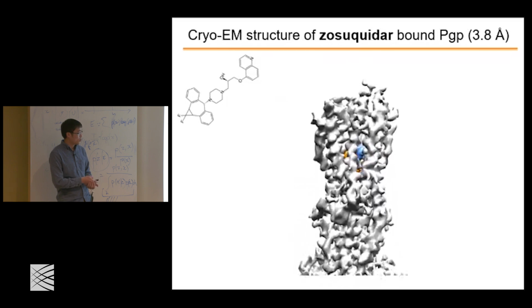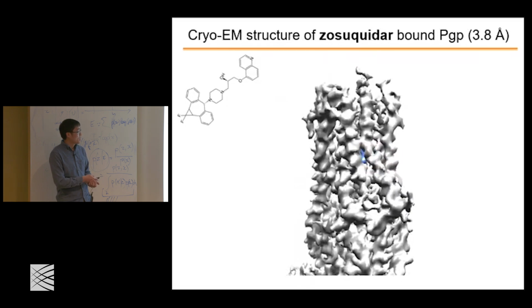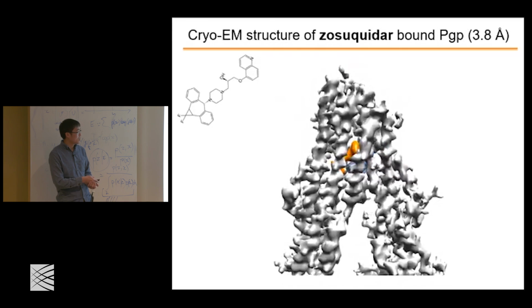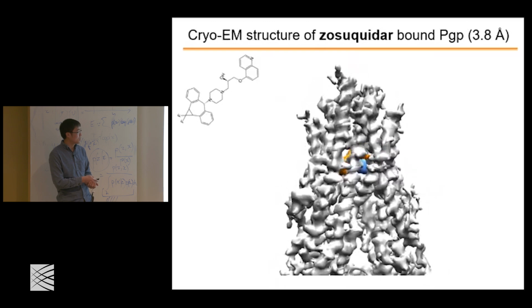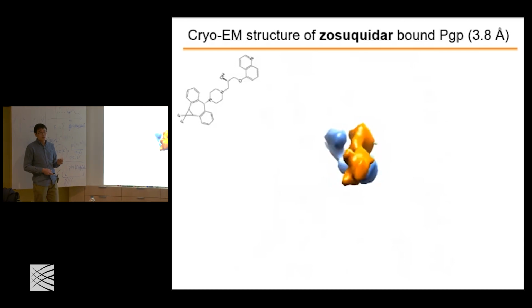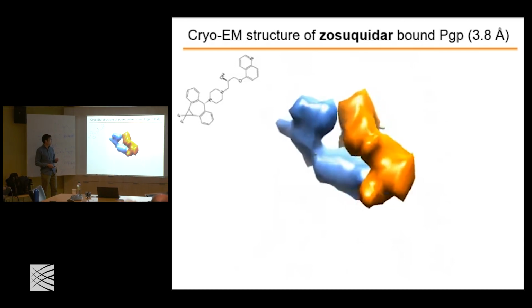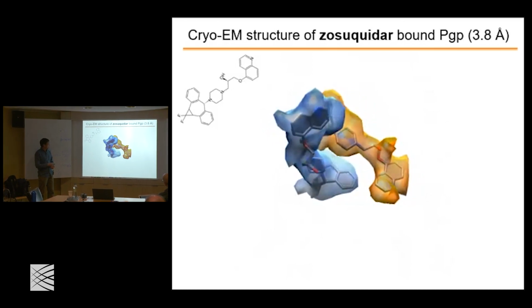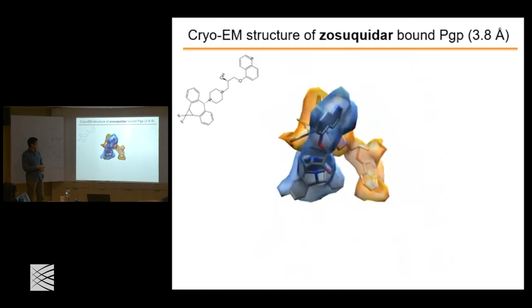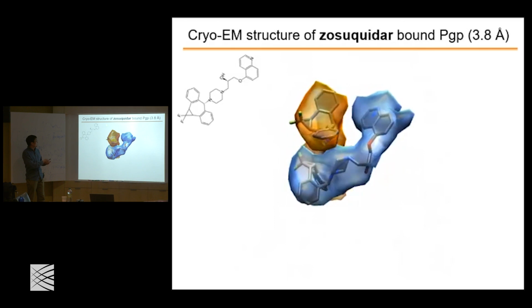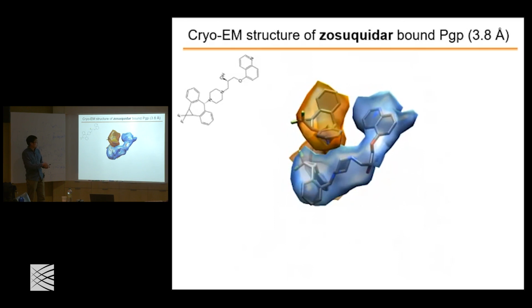We didn't polish the map, so you can see a lot of bumps here. But essentially, we can see many side chains on the transmembrane helices. Inside, we were able to directly visualize two molecules of zosuquidar bound onto each other. The shape allows us to do an accurate docking of the molecule, so I put the chemical structure at a relatively similar orientation.